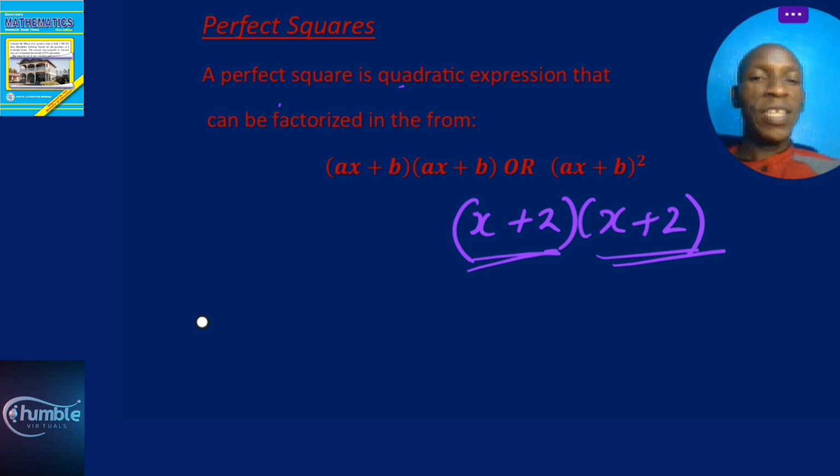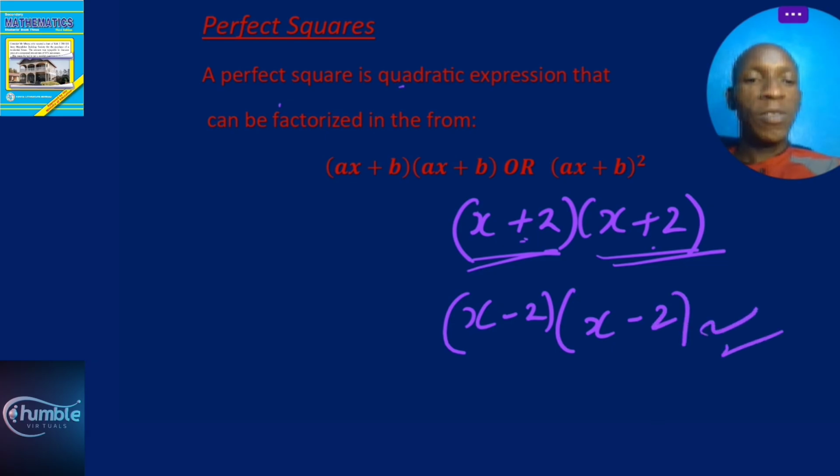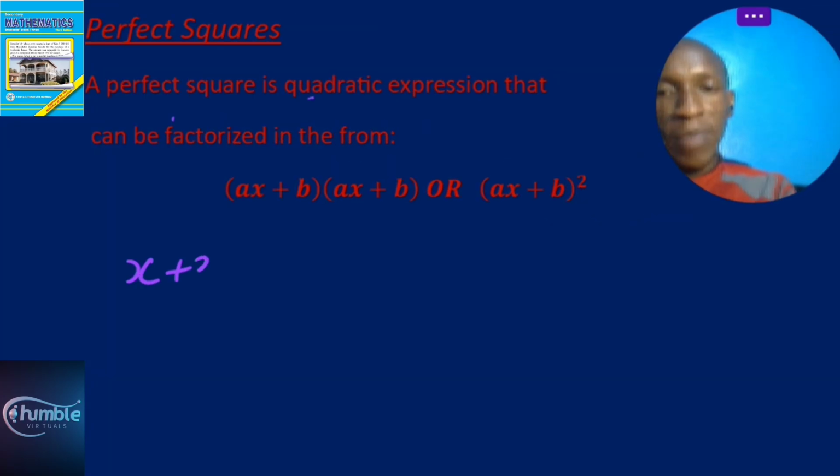We are not only saying that we must have plus in between the numbers. Even x minus 2 into x minus 2 is also a perfect square.